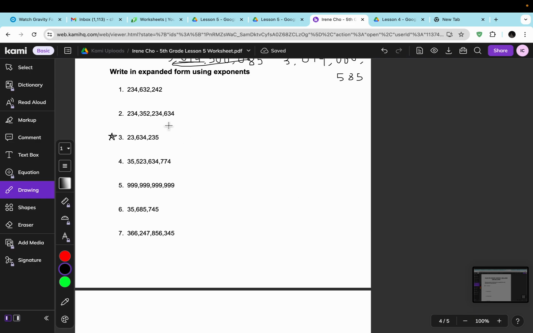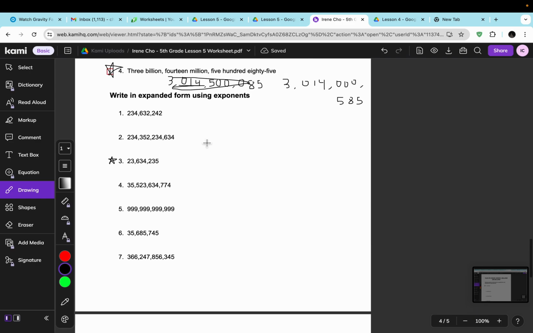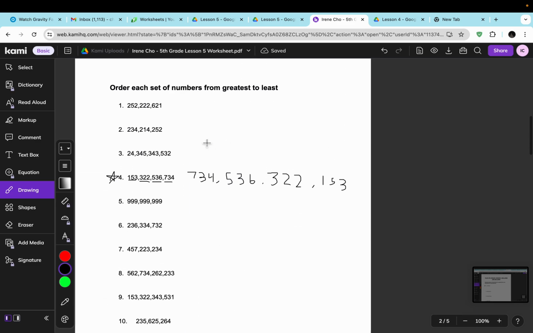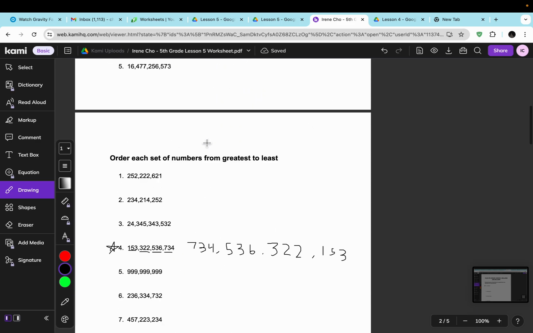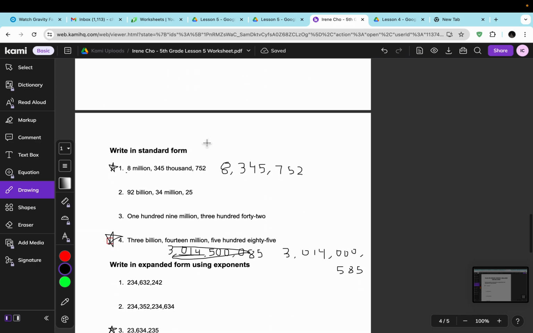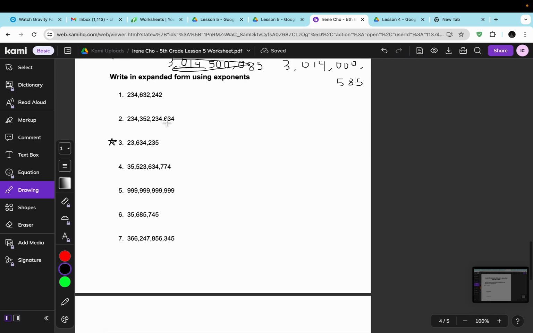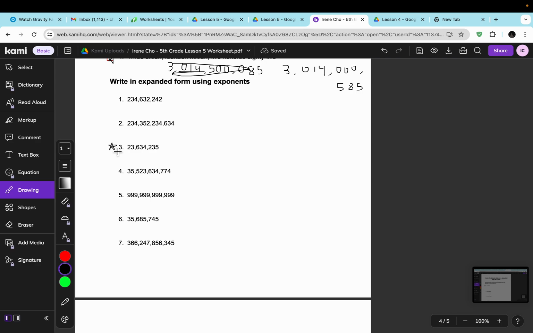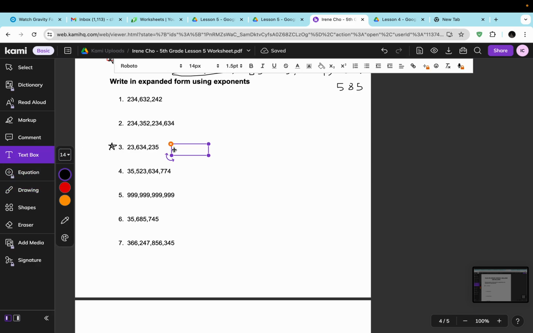Write in expanded form using exponents. This is basically the same thing we did above, so all we have to do is do it again. I'll write it out this time using a text box because that took a long time.